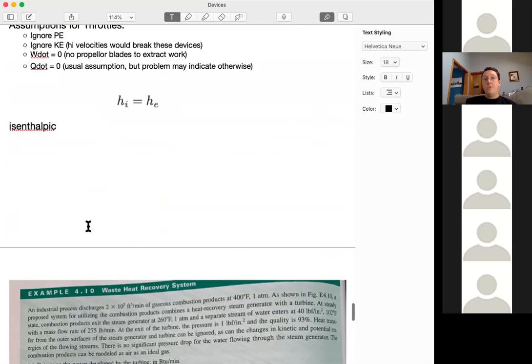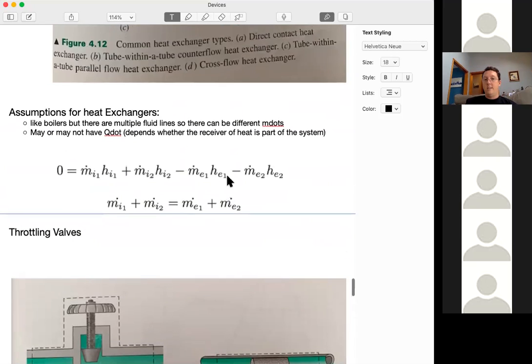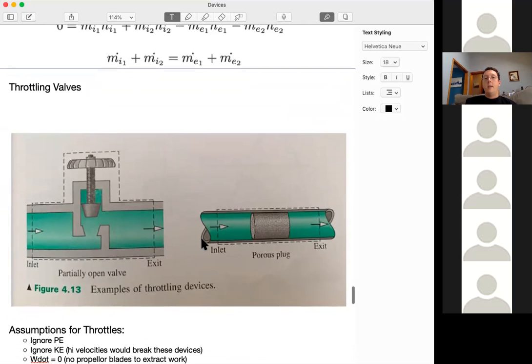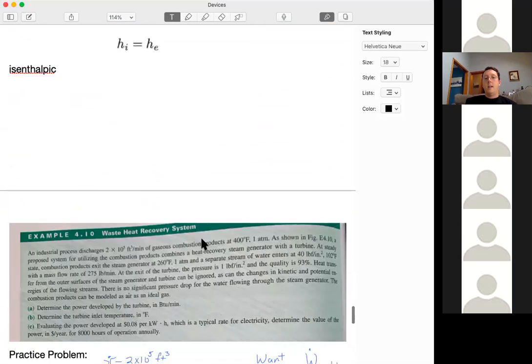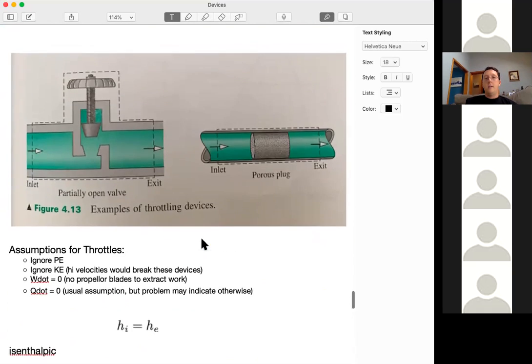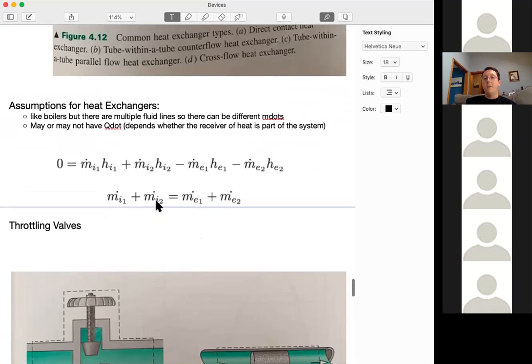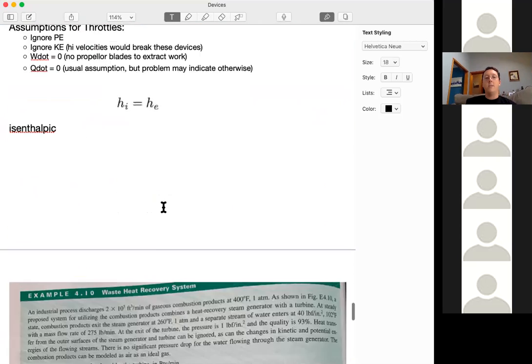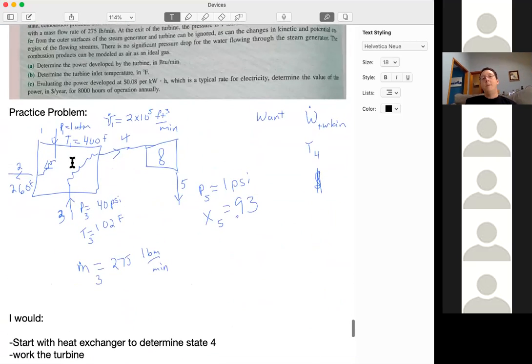So it's just like this equation here. I'll rewrite it in a minute. You have to be careful with the control volume and the mass flow rate equation, because the flow streams can't mix.